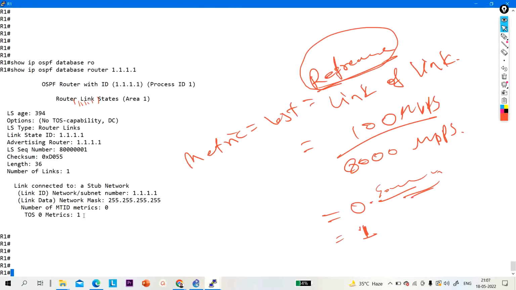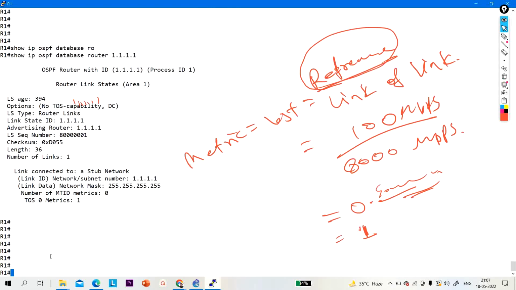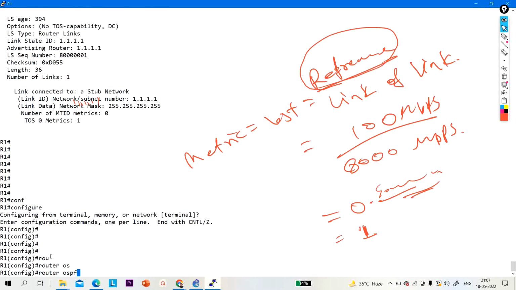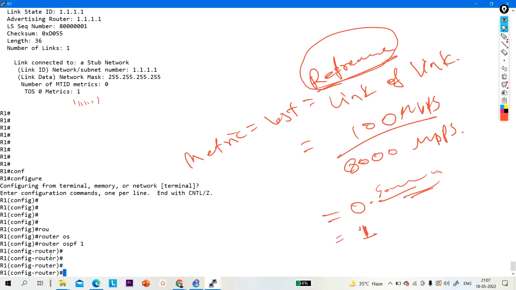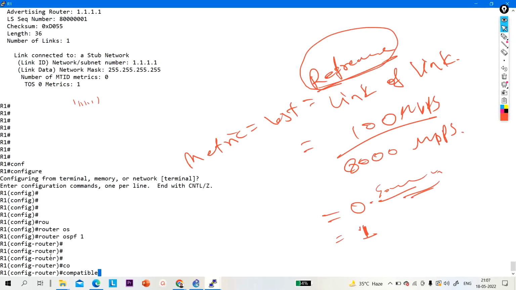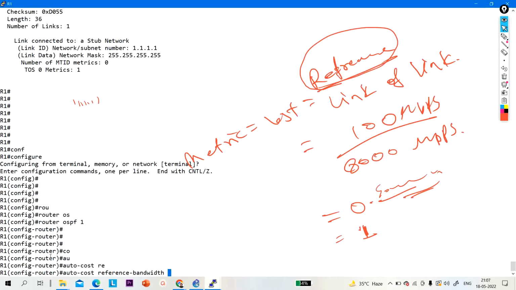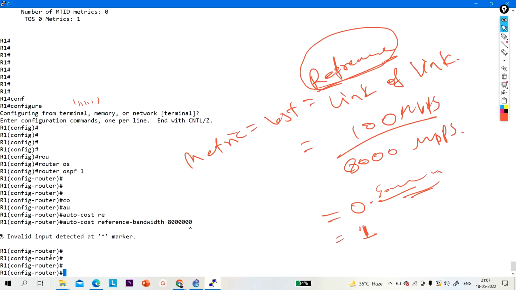In which mode do you change this? In OSPF router mode, router ospf 1. Auto-cost reference-bandwidth, this is the command. Now my bandwidth is, suppose, this one.